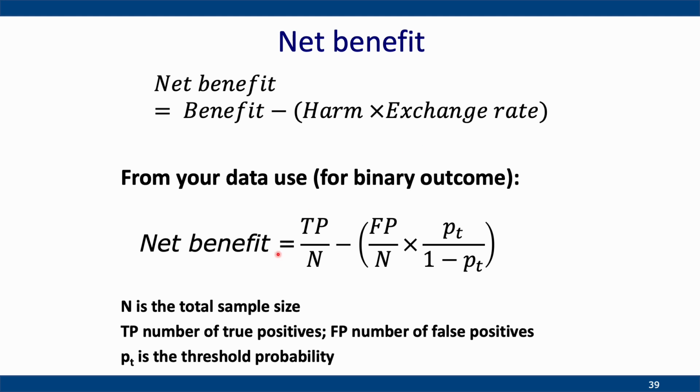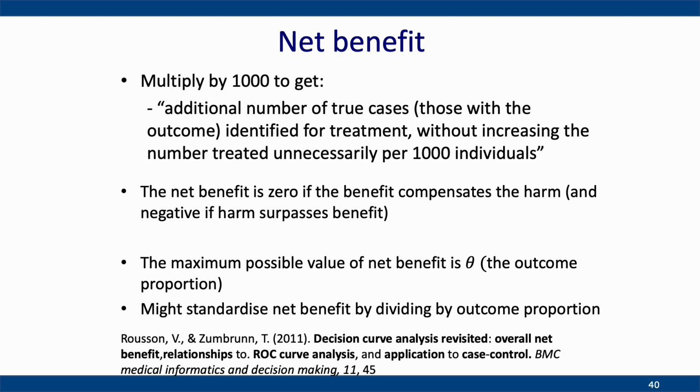We can also think about net benefit in terms of true positives and false positives and sensitivity and specificity, and then work it out through that. Again, I'm just giving this briefly to guide you for further reading. Interpretation of net benefit is always very tricky, and it's something I struggle with, and many other people do struggle with as well.